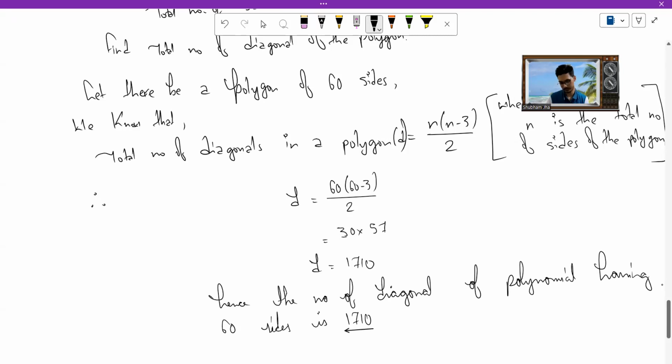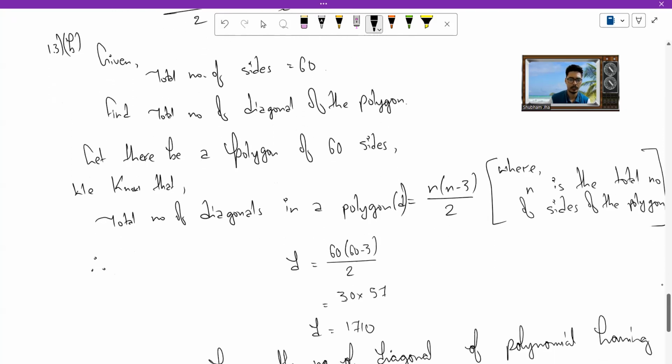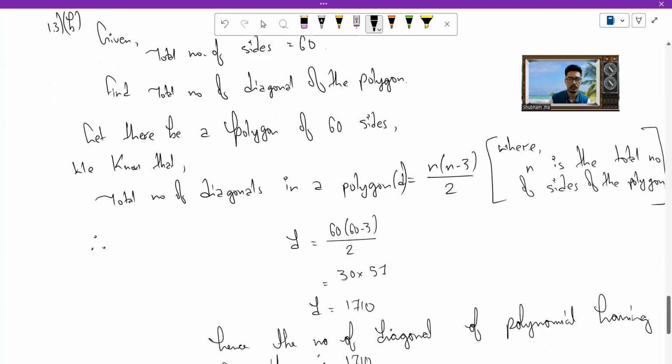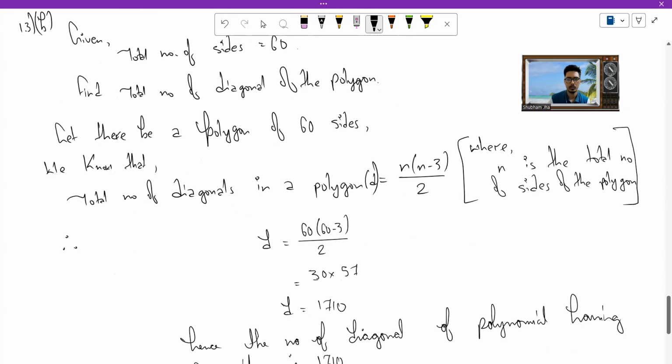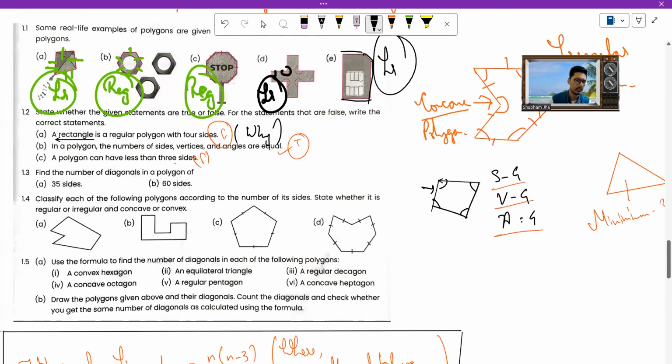This is your answer. If you want, you can take a screenshot and write the whole solution. Now, what about the next question? So we got the answers here. The answer was 560 here, and the answer was 1710.